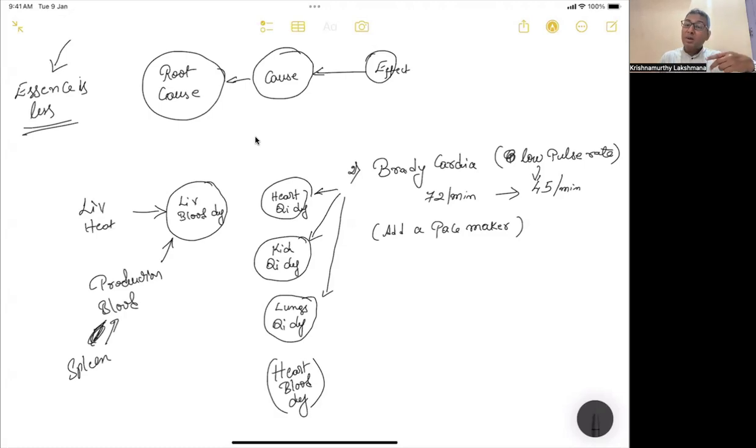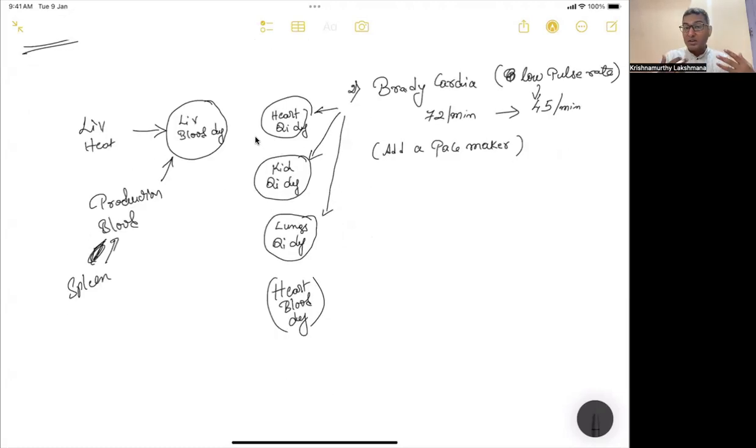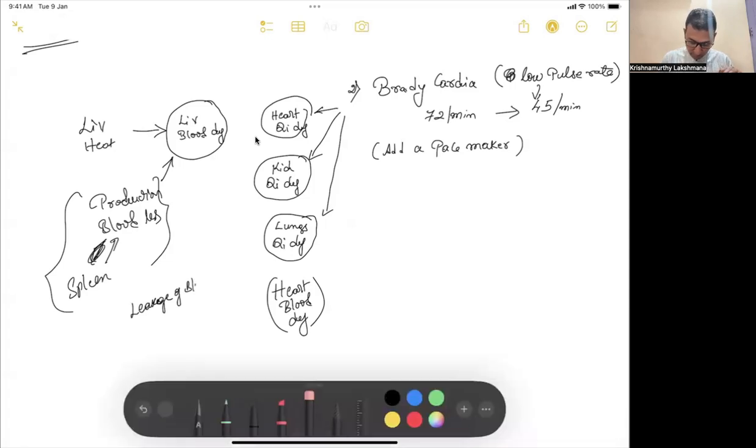Why is blood deficient in heart or liver? One is production may be low, or there can be some kind of leakage, or loss of blood. I should say loss of blood.